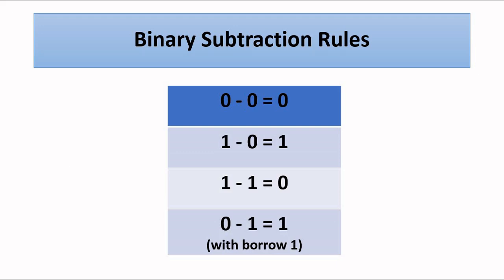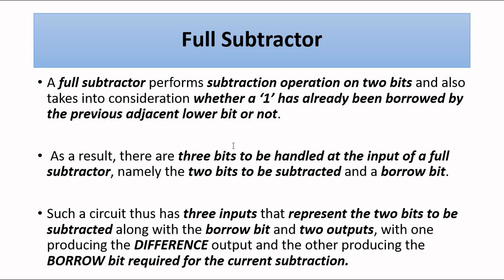So the full subtractor is used for the subtraction of the 2 bits, and it also takes into consideration whether there is a 1 which has been borrowed from the previous adjacent bit or not. So there are 3 bits to be handled.